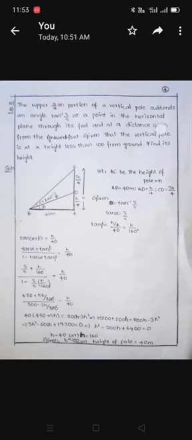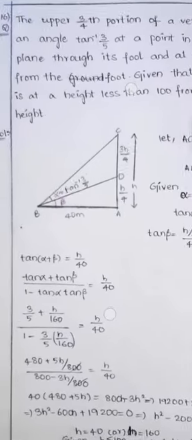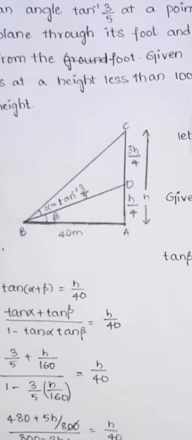Given that the vertical pole is at a height less than 100 from the ground, find its height. So this is the question. Now we have to explain the situation with this diagram.